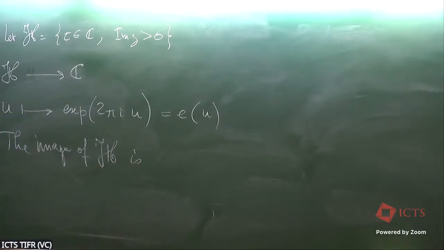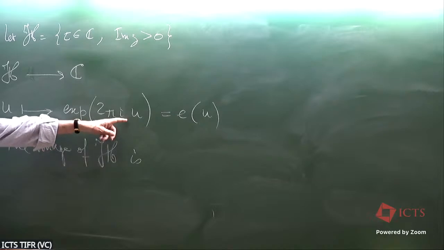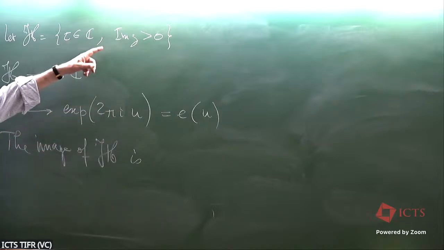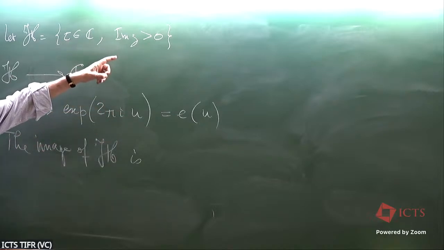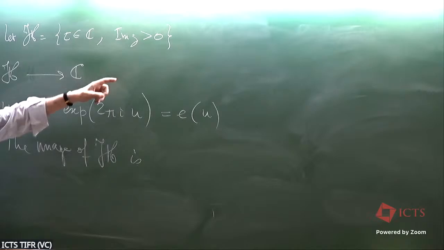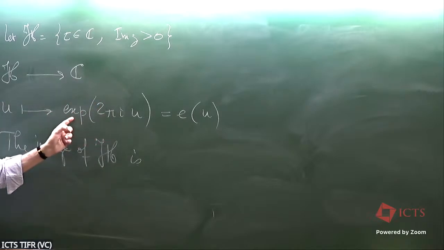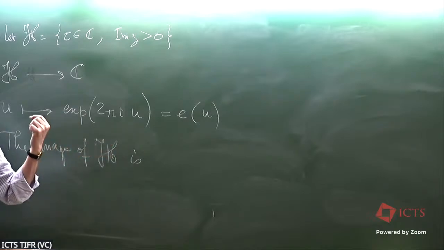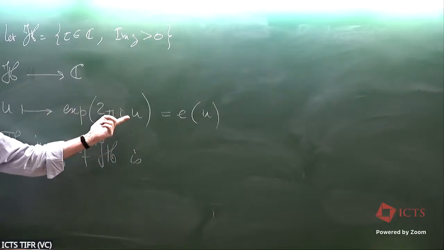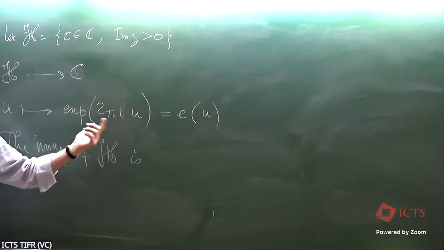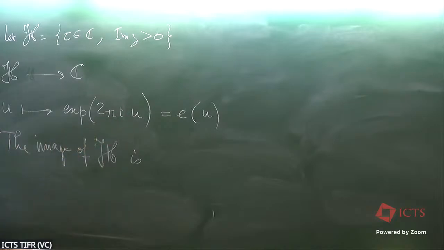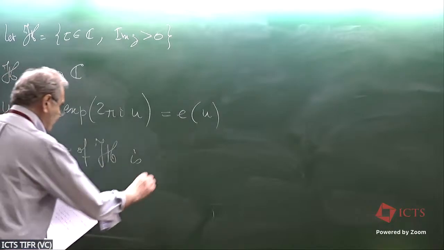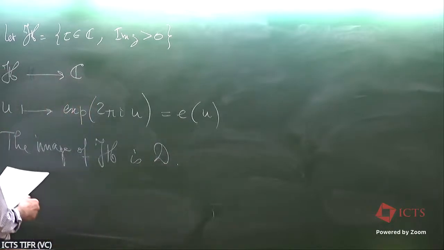If you take u which has imaginary part which is positive, it means that the modulus you'll get from here will be less than 1. And so you are exactly in the unit disk. So this is the advantage. This is the unit disk. Okay?